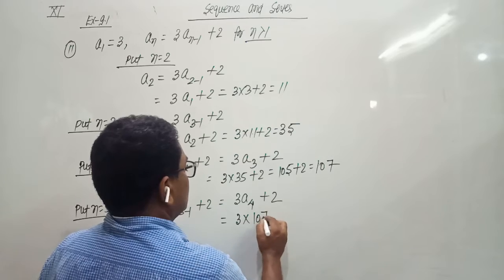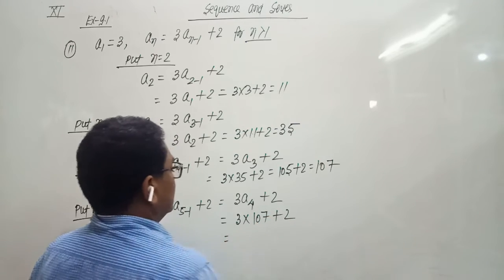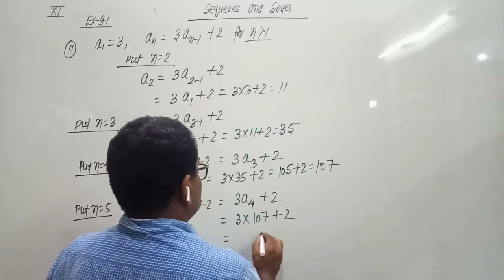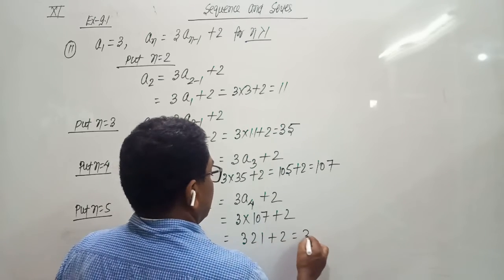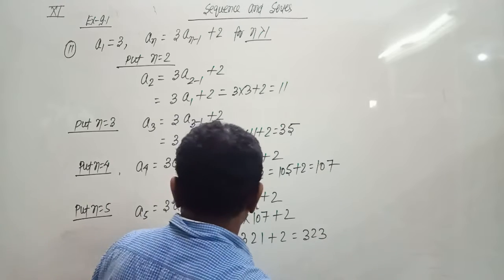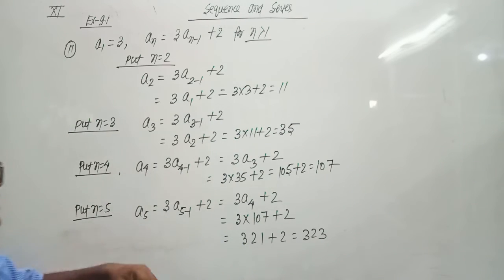So 3 into 107 plus 2, and that is 321 plus 2, 323. So these are the first 5 terms. A1 already we have given, A1 equals to 3. A2 we have calculated 11. The value of A3 is 35, A4 is 107 and A5 is 323.